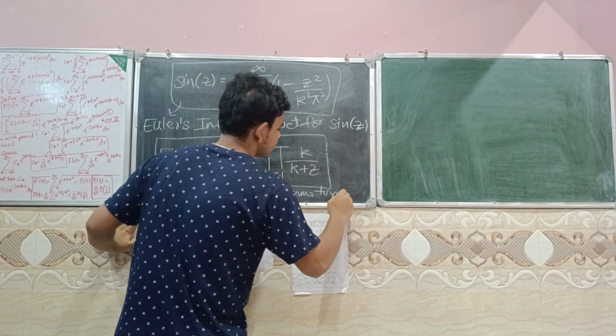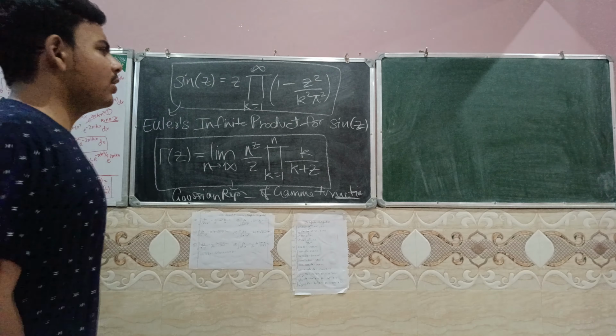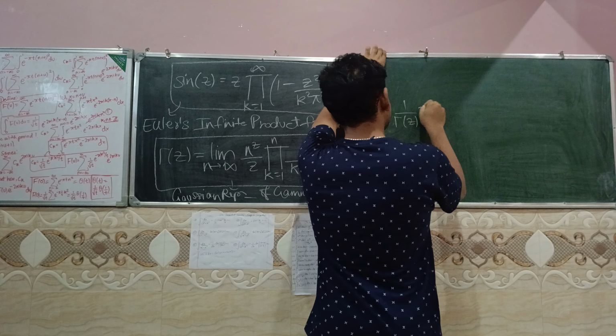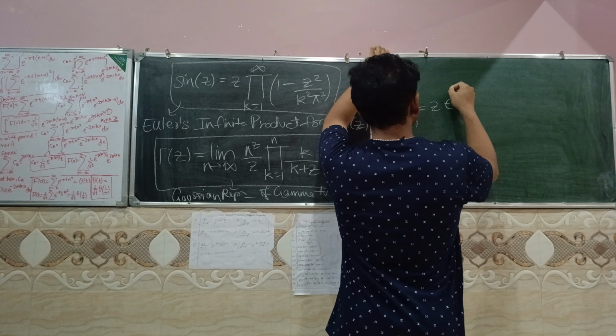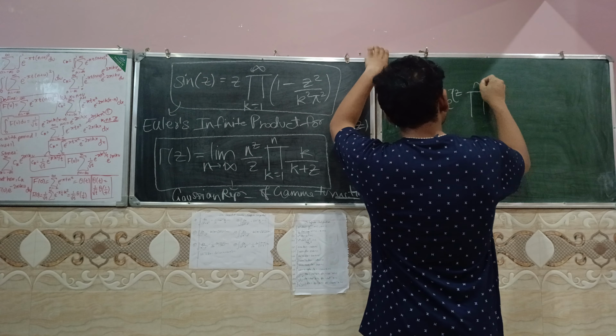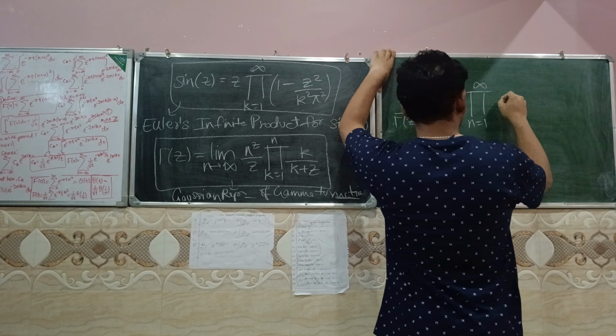We have proved this in one of my early videos, and we have also talked about this one: 1 over gamma of z equals z times e to the Euler-Mascheroni constant times z times the product as n goes from 1 to infinity of 1 plus z over n times e to the negative z over n.